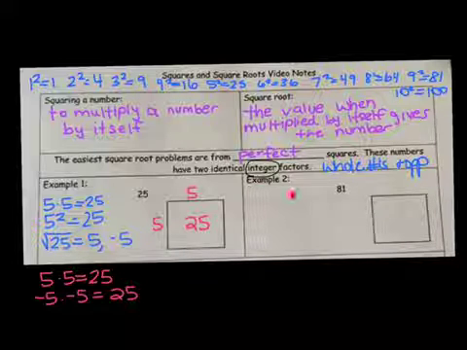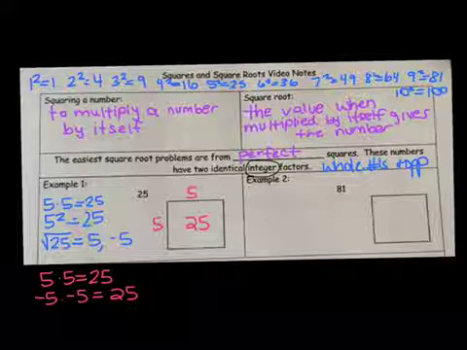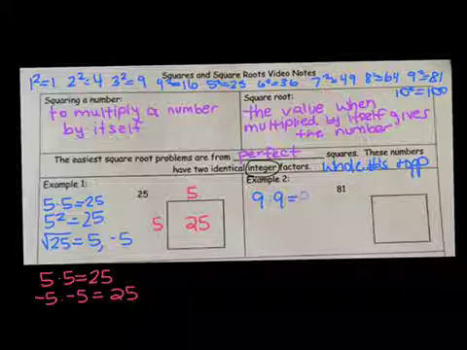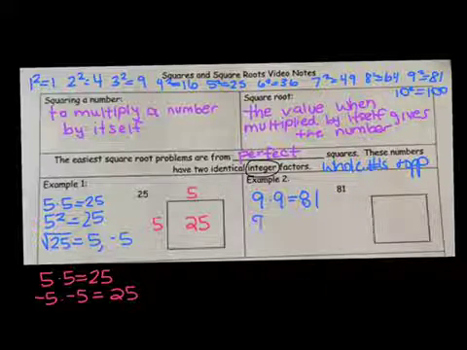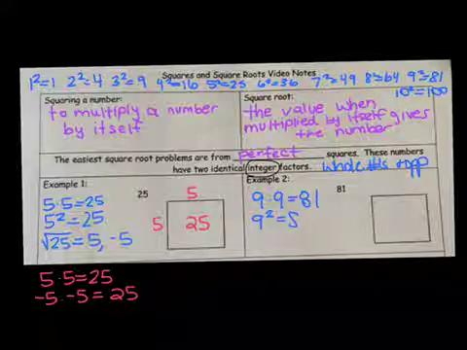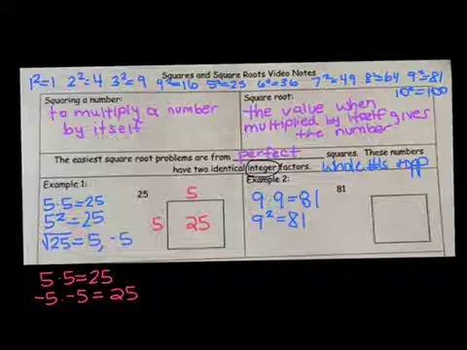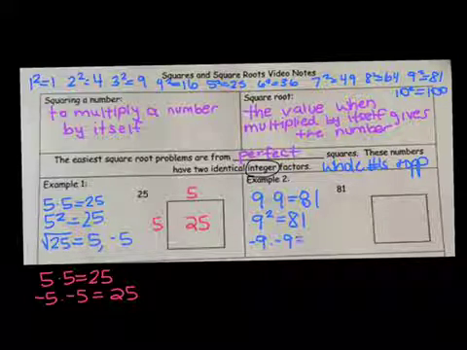Alright, so looking at example 2, 81, we're trying to think of a number that, when multiplied by itself, will give us 81. If you look at the top, we have it listed. So 9 times 9 equals 81, or 9 squared equals 81. And just as we just said, we can also think of negative 9 times negative 9 giving us 81.